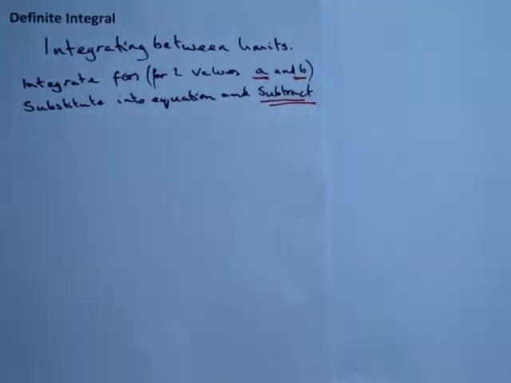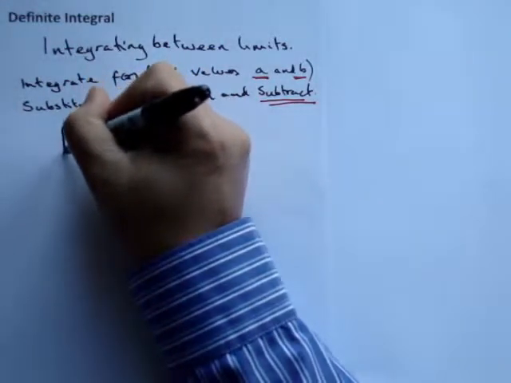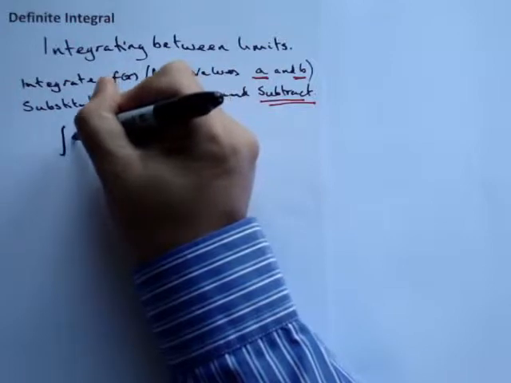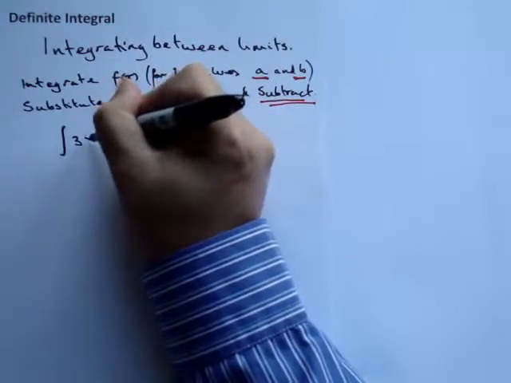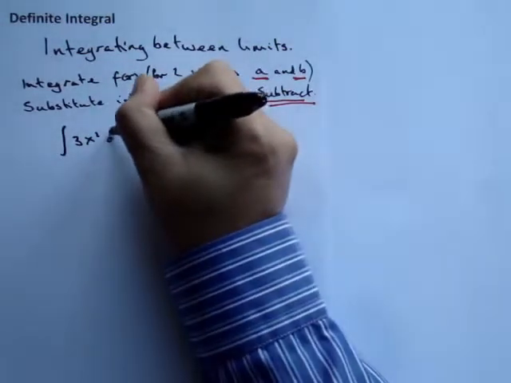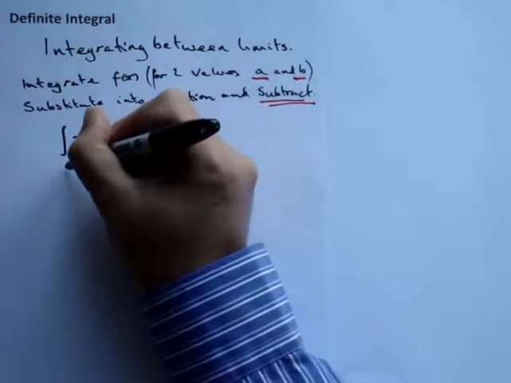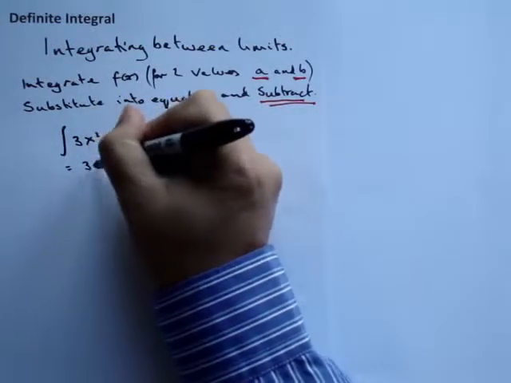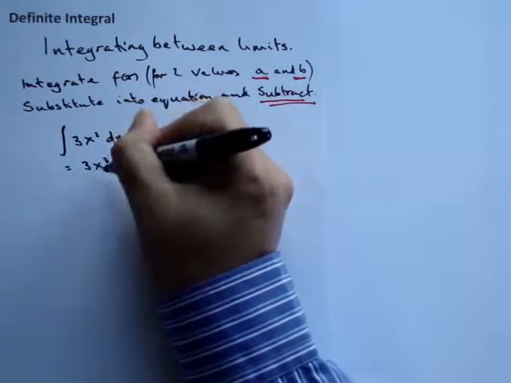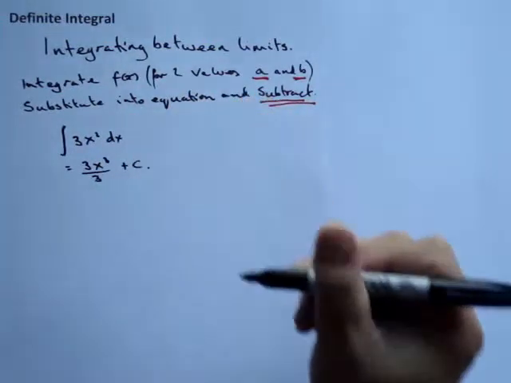So let's have a quick look at this. If we have the integral of 3x squared dx, then when we integrate we get 3x cubed over 3 plus c.